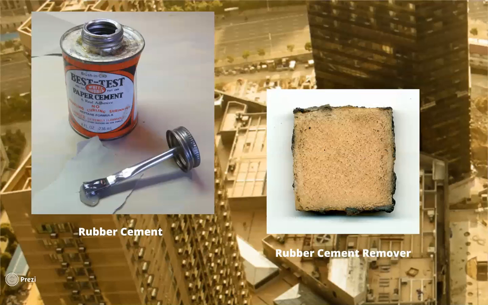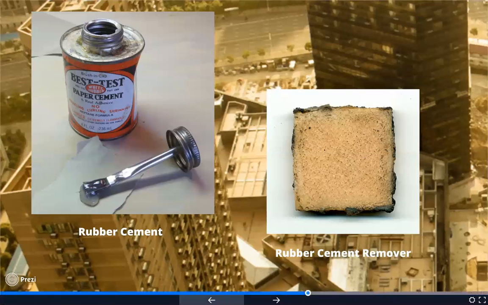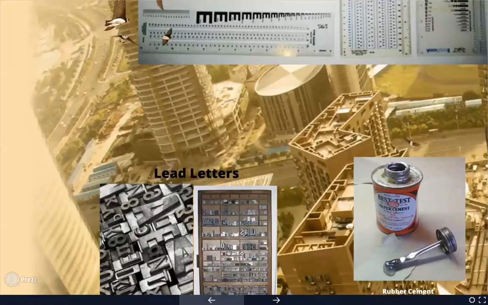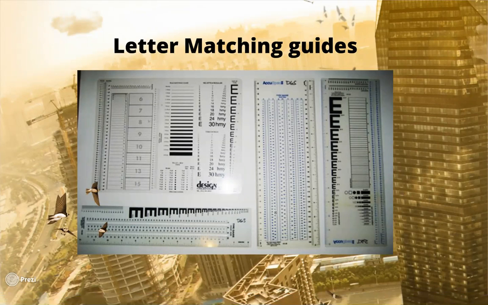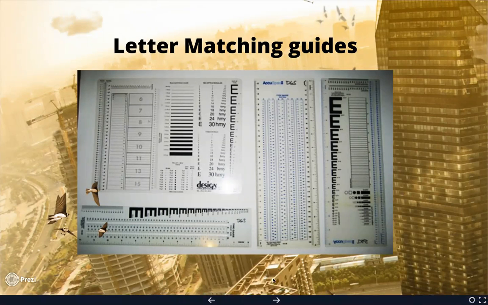But they had different press parts and just tons of stuff. In fact, the letter matching guides that I was telling you about, I actually found those in the basement near the press one time. They weren't originally mine as the designer. I was just kind of scrounging around looking at things.